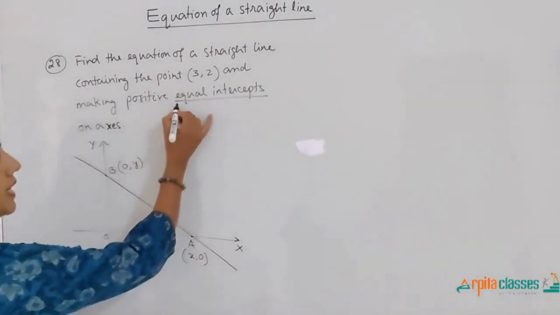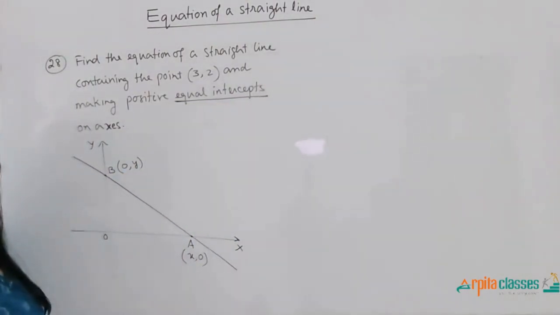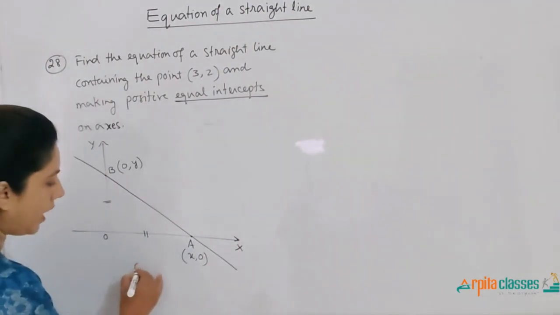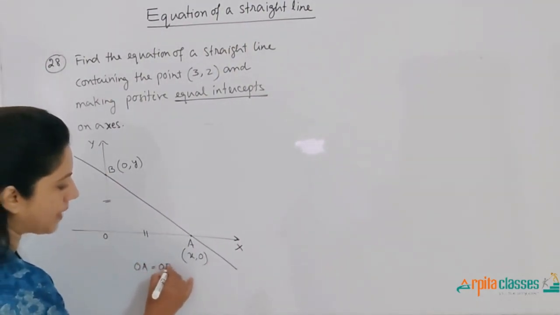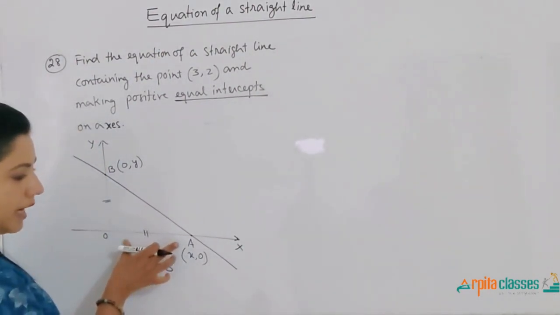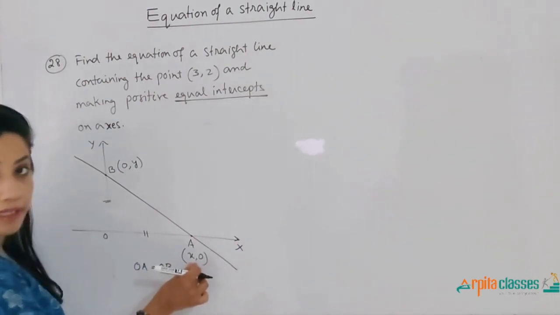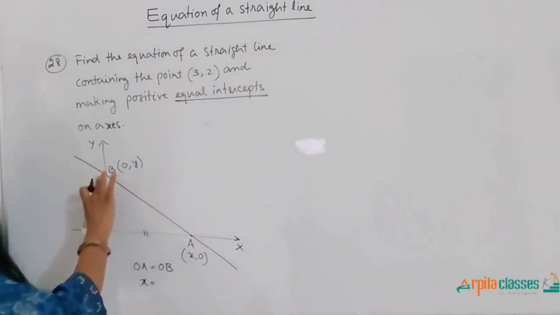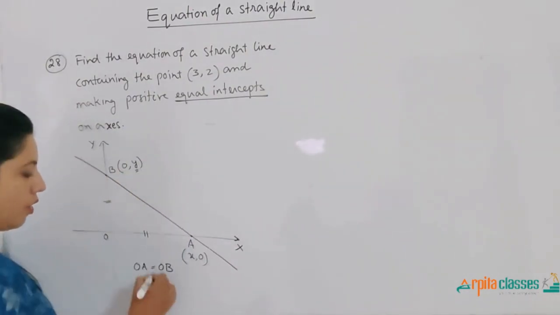Since they are saying the line makes equal intercepts, that means OA should be equal to OB. Now OA is the x-coordinate, that is x over here, and OB is the y-intercept, that is y over here.